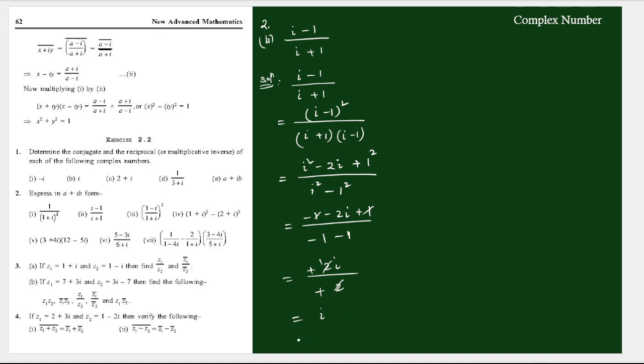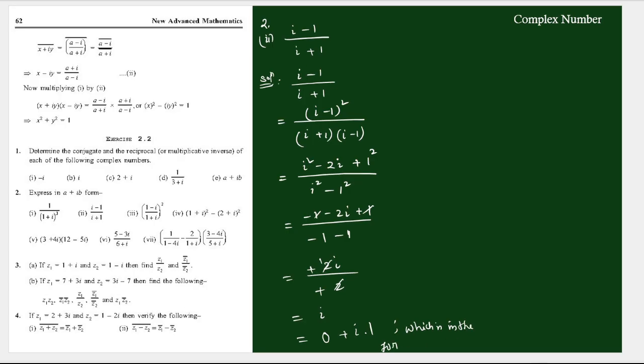Now in the a plus ib form, we have to write no real part. So we will get 0 plus i into 1, which is 1 is the b, which is in the form of a plus ib.